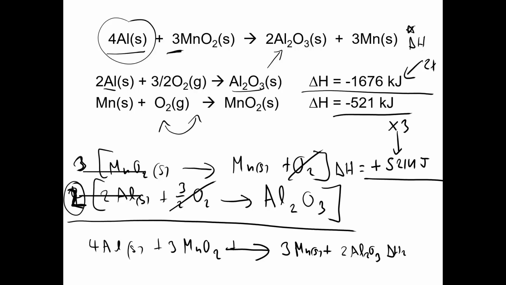And then you have to simply add them together, and the delta H for that reaction is going to be minus 1,789 kilojoules. That would be the delta H for the reaction shown below.